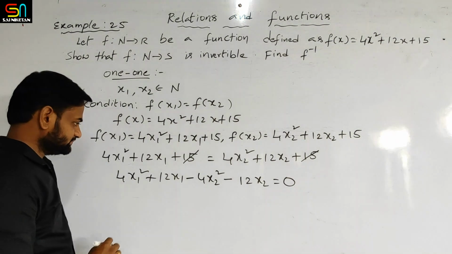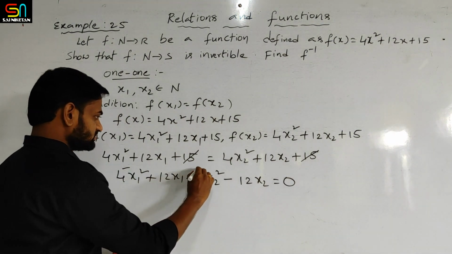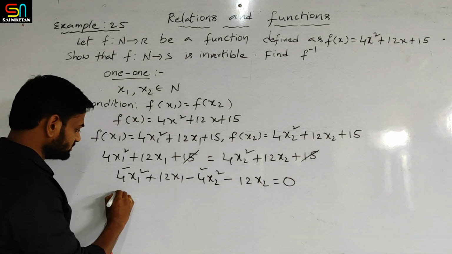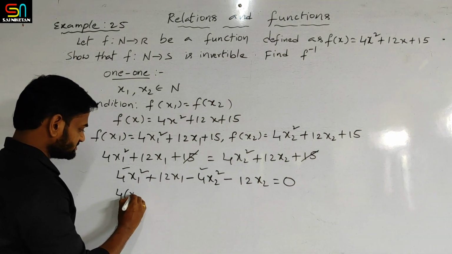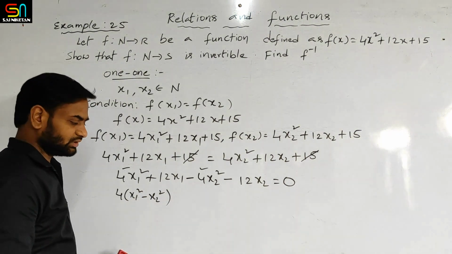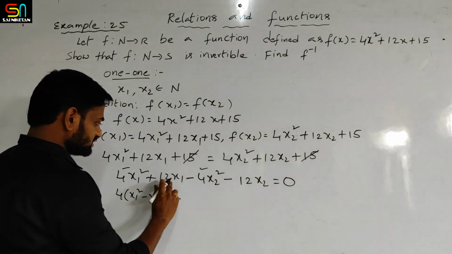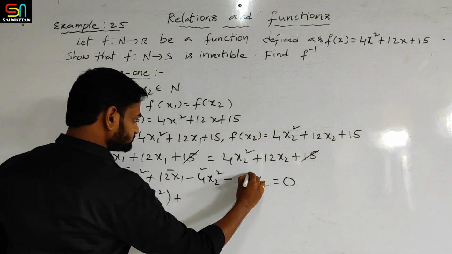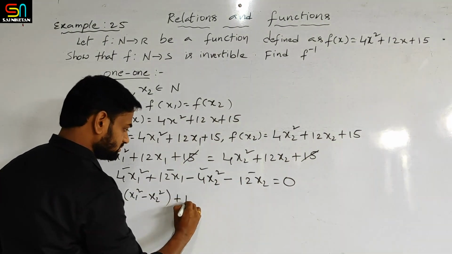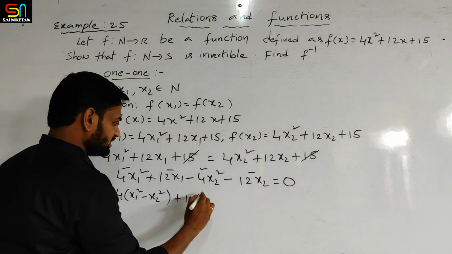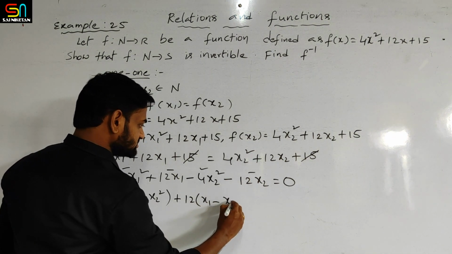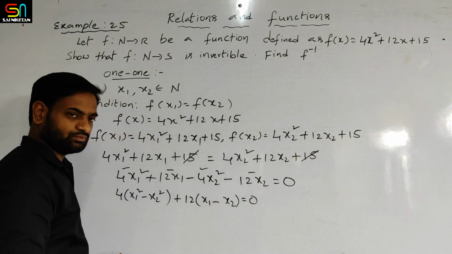Now see here, in these two terms, 4 is common. I am taking 4 common. That is x1 square minus x2 square. Next, plus in these two terms, 12 is common. Now remaining is x1 minus x2 is equal to 0.